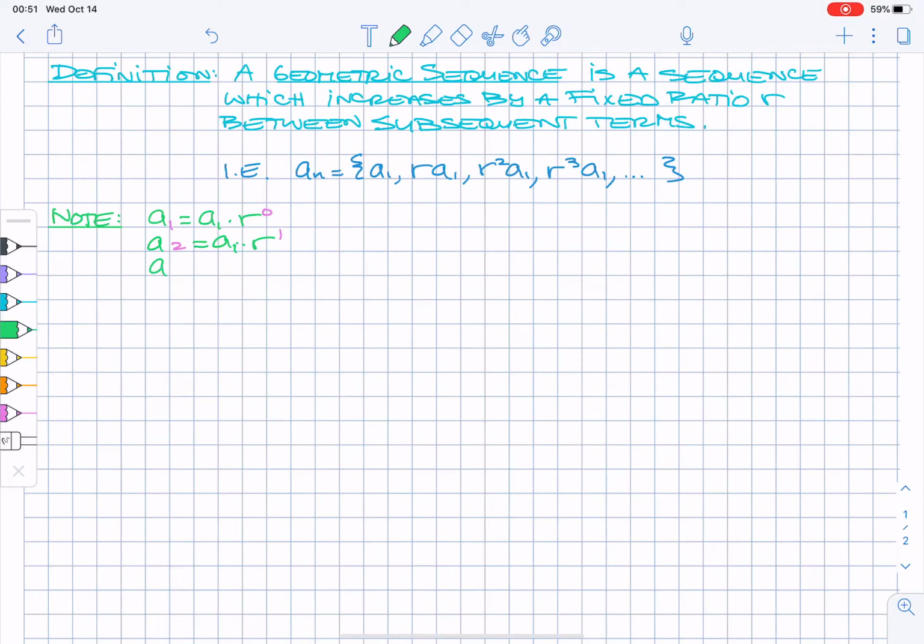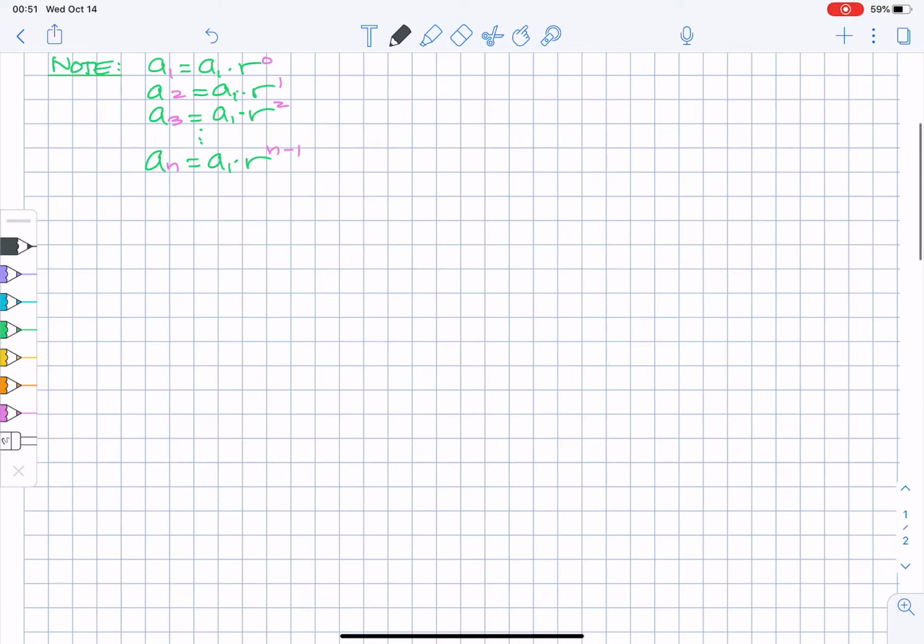A sub 3 can be thought of as a1 times r to the second. So in general, a sub n will be a1, the first term, times r to the n minus 1.